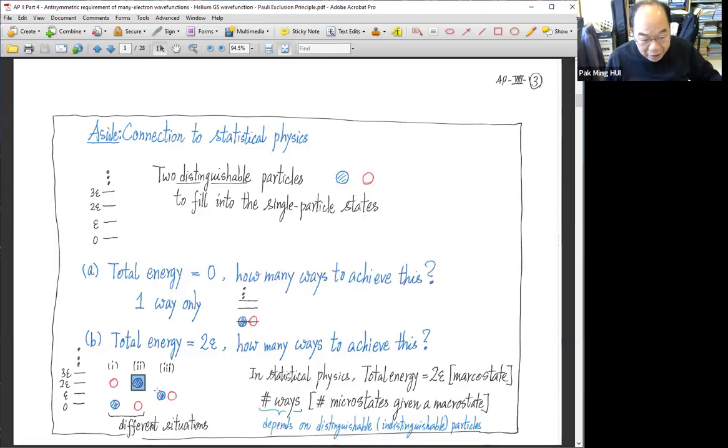And then each particle carries 1 unit of energy. Also okay. Now, look at these 2 situations in particular. Because they are distinguishable, these 2 situations are different situations, right?